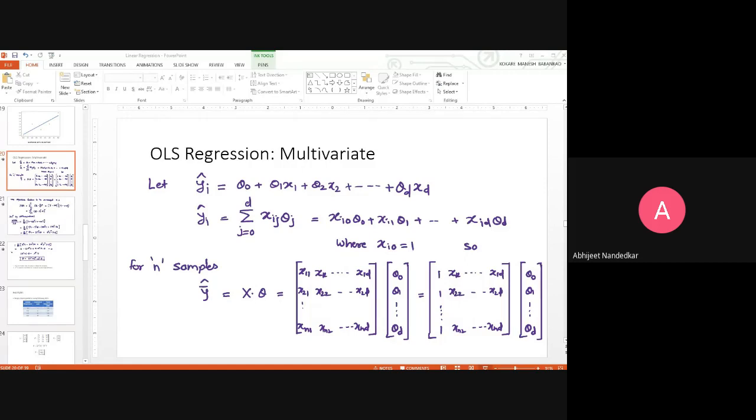So if I do this, then I have done the modeling. Only thing is I need to find out the values of theta. If I find the values of theta for my samples, then the job is done. So I only need to find theta 0, theta 1 up to theta d. How to find that, we will be doing now with your help.